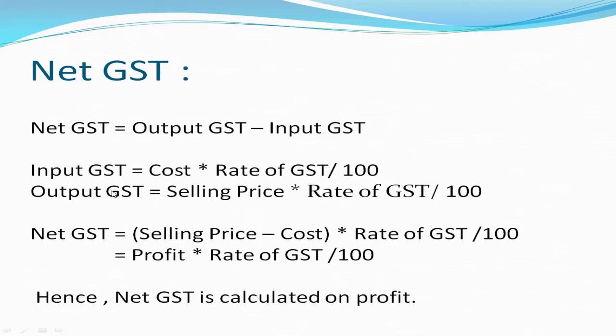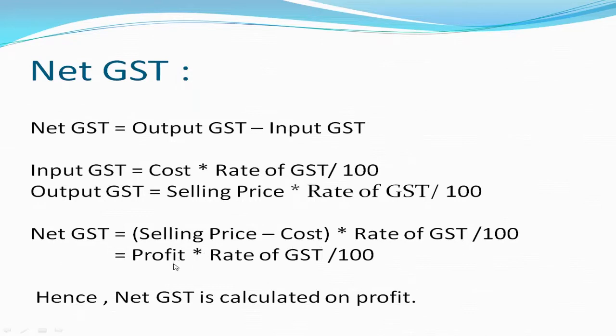So if we subtract these two equations, output GST minus input GST, we get, now the rate of GST divided by 100 is common for both, right? So we have taken it out, common for both. And we are remaining with sales price minus cost, correct? So sales price minus cost, what is it?